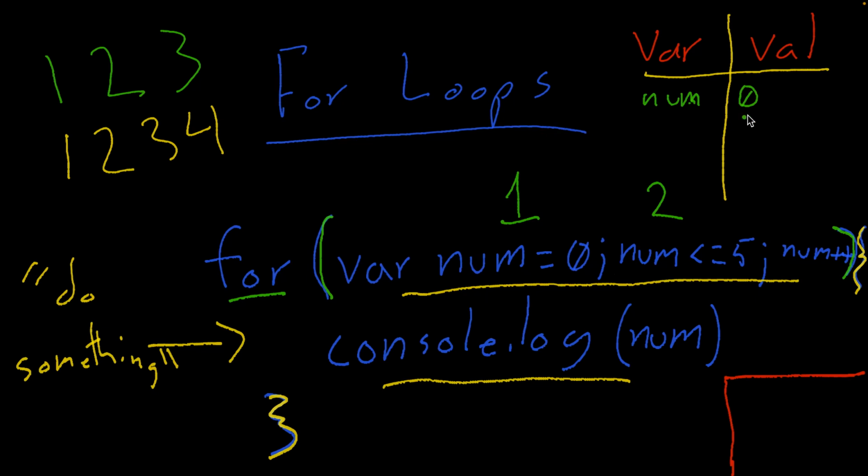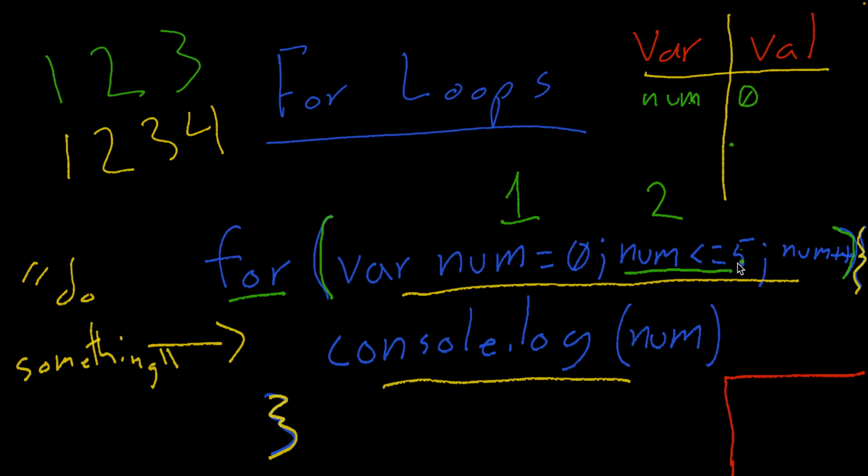Yes, because num is 0. It's going to be less than or equal to 5. This is the qualifying statement for how long we should continue the for loop. What's our ending point? Our ending point says when num is less than or equal to 5.